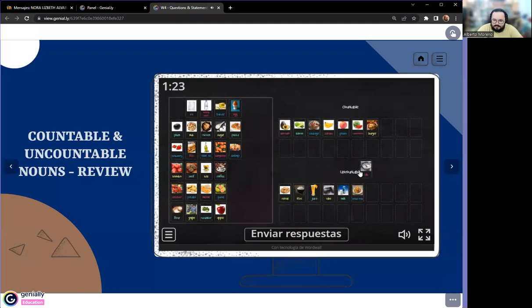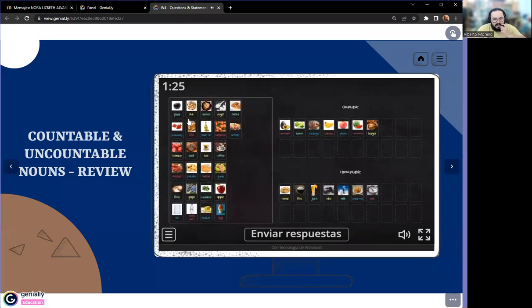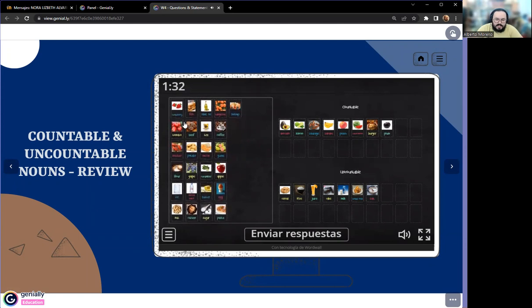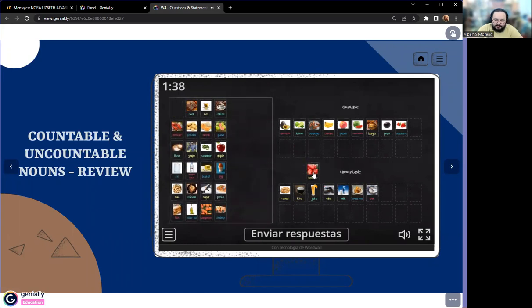Salt. Uncountable. Plum. Countable. Plum es ciruelo. Strawberry. Countable. Tomato. Countable. Lobster.